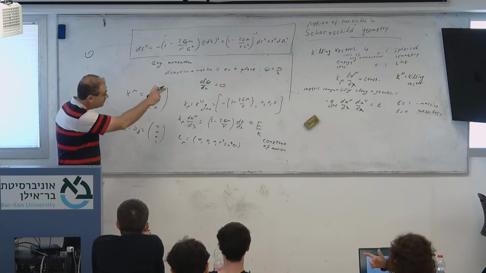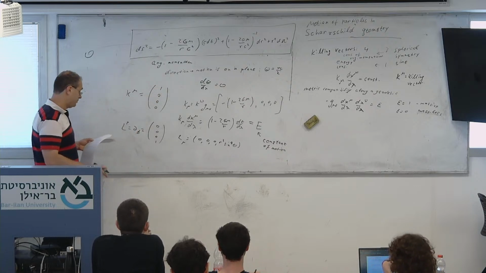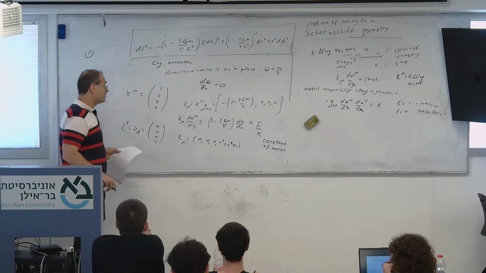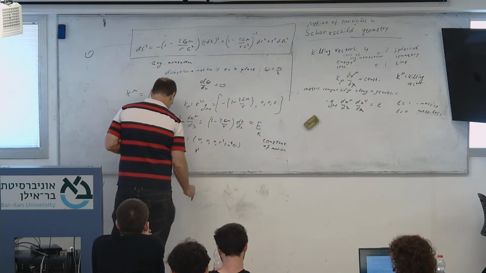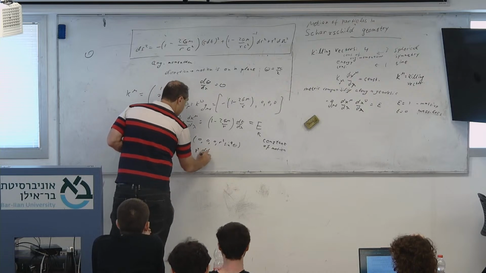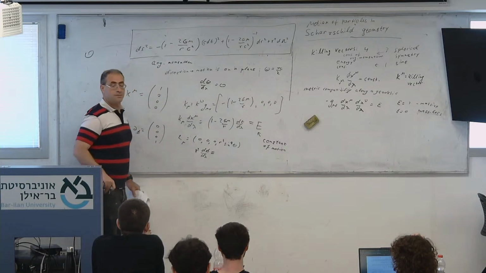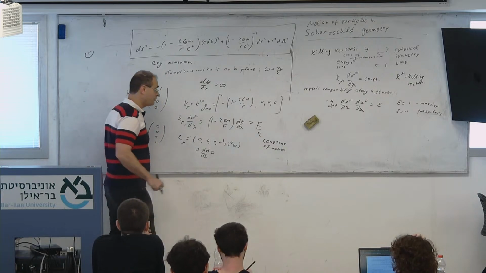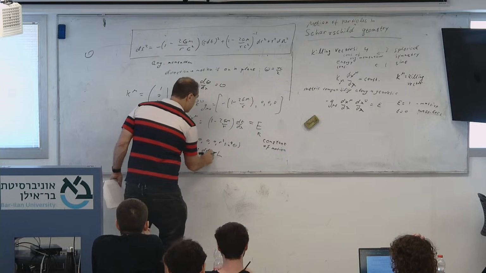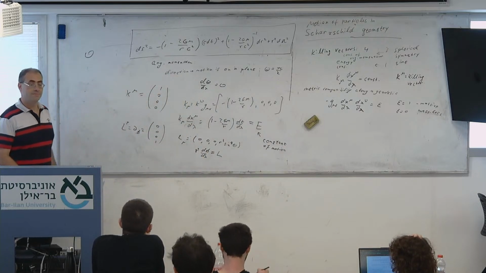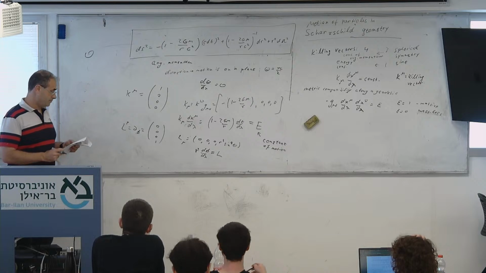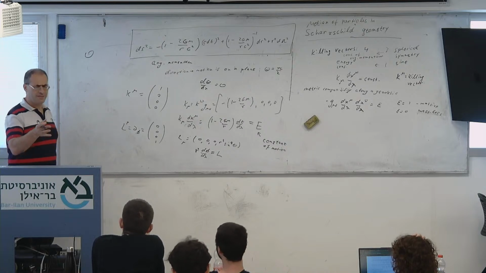It's 1. So the conserved quantity is r squared d phi over d lambda, which is a constant, which we call L. It's for a test particle of unit mass.